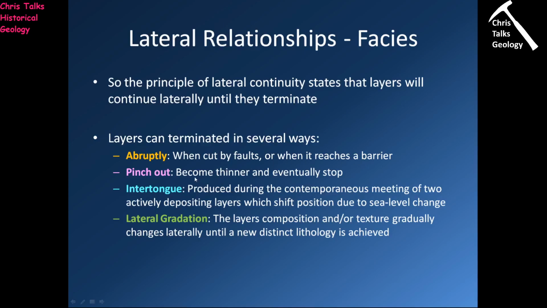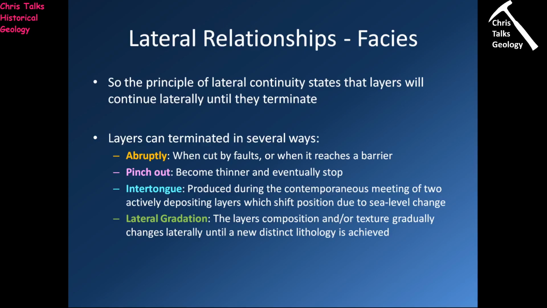A classic example of that would be something like a river. In your river channel, where the river is actually contained, you obviously have your sequence of river sediments, your channel sediments. Then as soon as you step out of the river, those channel sediments are stuck in the river channel, aren't they? They can't get out. So as soon as you step out from the river channel, you're in the floodplain environment.